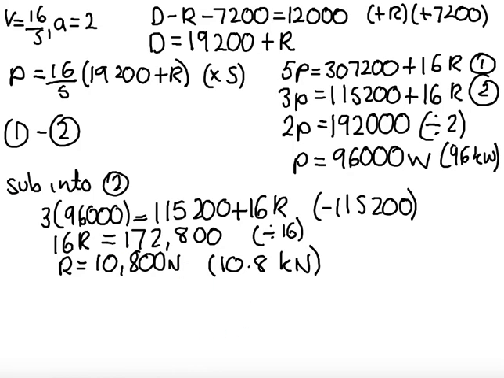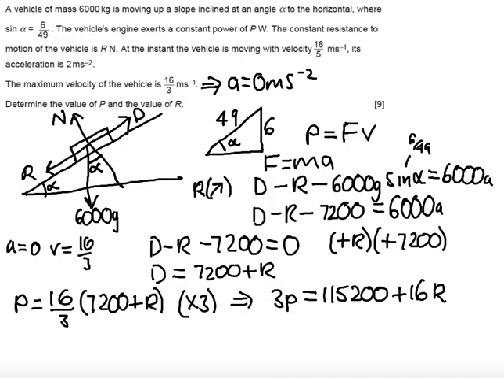Okay, well let's have a look at how the marks are awarded in this question. Okay, now first of all, if we've done the resolving and we've shown the resolving horizontally correctly with the forces, we get M1. If we use at some point the power as I've done down here, then I can get a standalone mark just for using power.